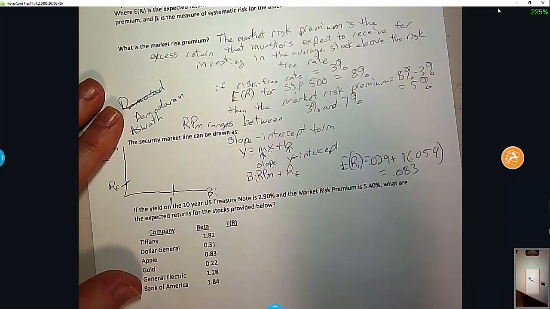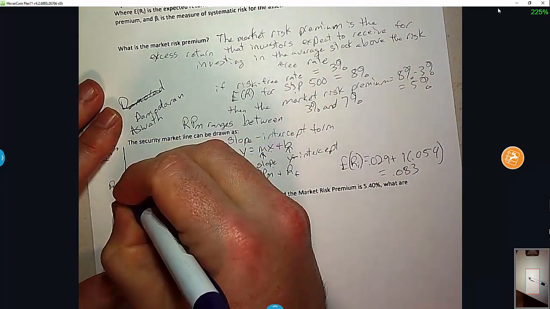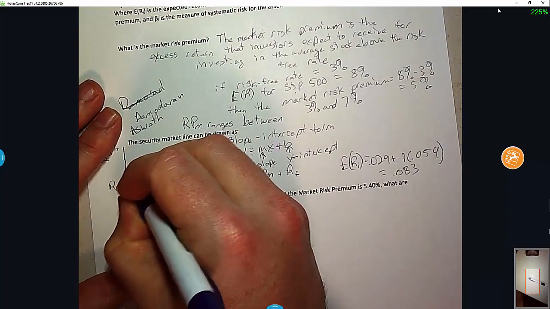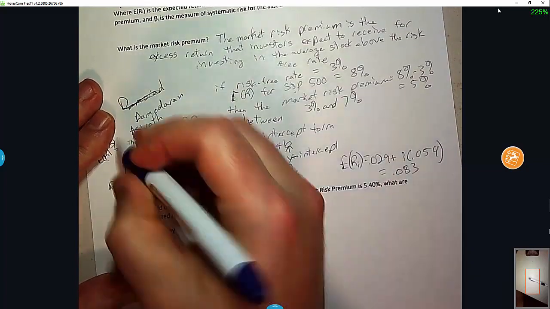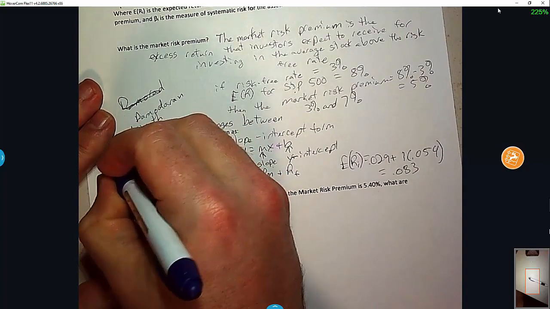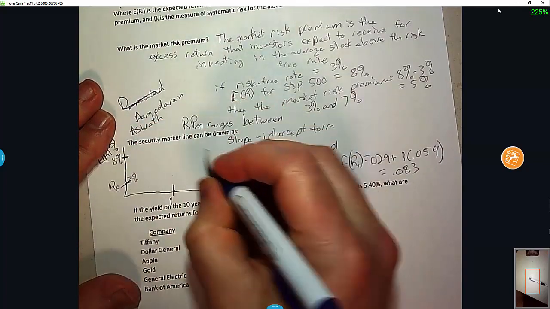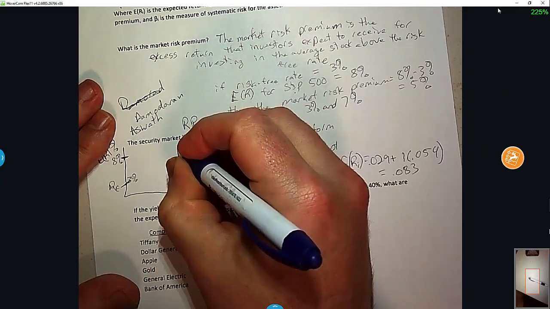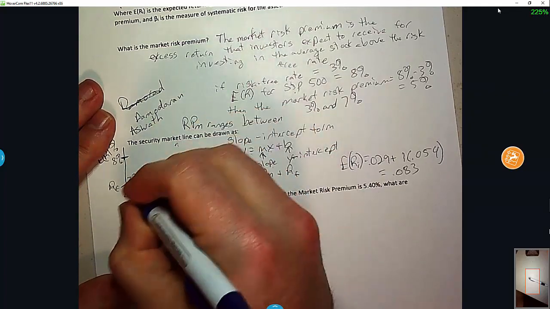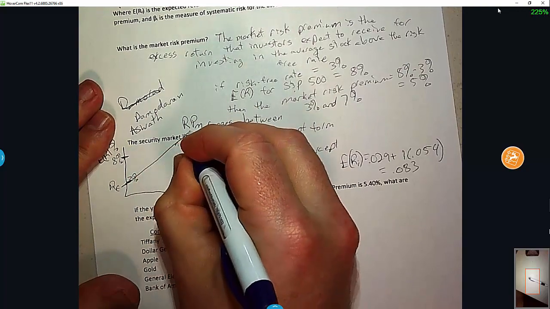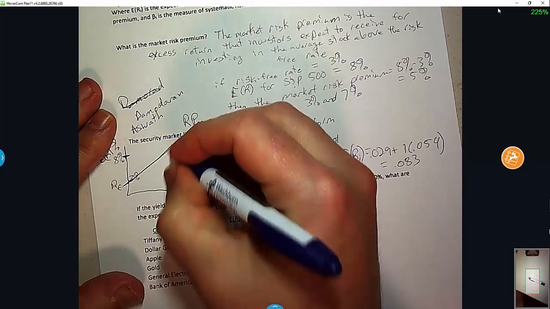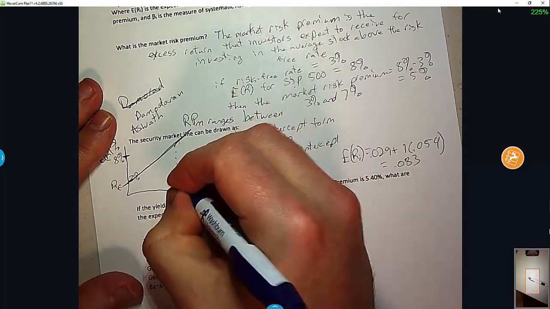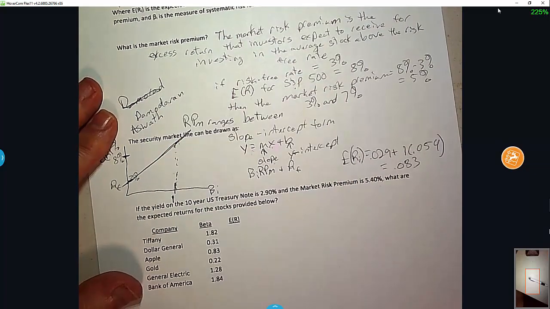So our line would look like this. Our y-intercept would be here, a little bit below 3%. And then we go up here and say that's 8%. So our expected return with a beta of 1 would be 8.3%, and we can just draw a straight line there. Again, I'm not the best artist.